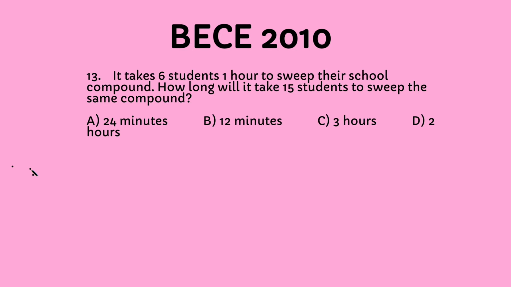Question 13. It takes 6 students 1 hour to sweep their school compound. How long will it take 15 students to sweep the same compound? So here we also see some concept of ratio and proportion going on, but specifically inverse proportion.